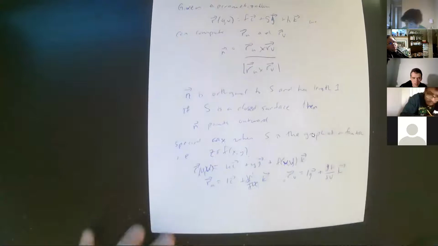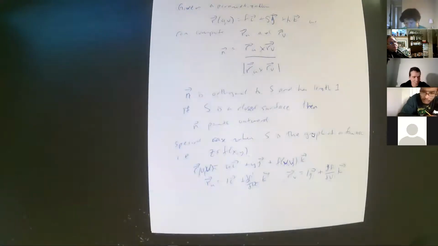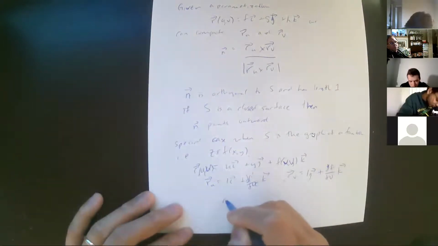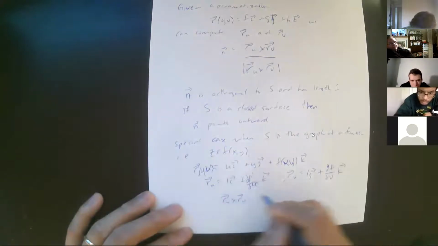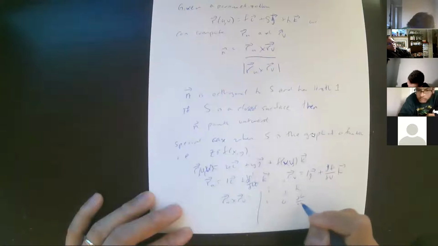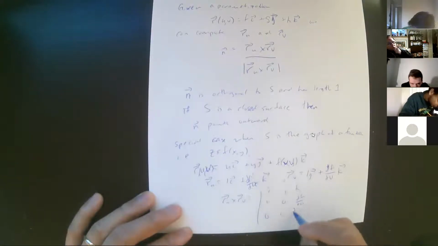Okay. And then the cross product has a very nice form. So R_u cross R_v is the determinant of i, j, k; 1, 0, df/du; 0, 1, df/dv.